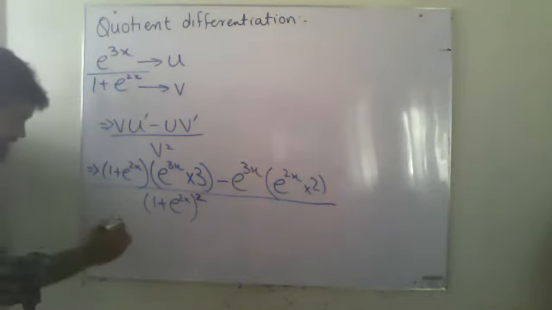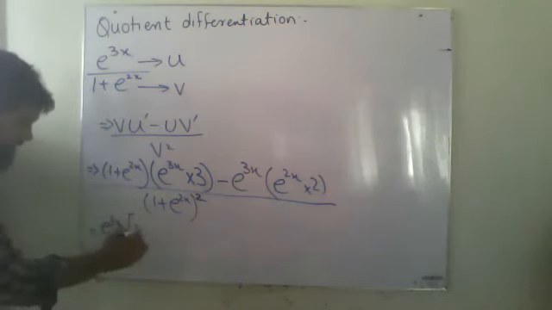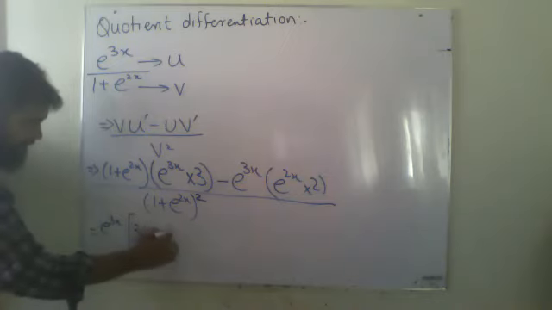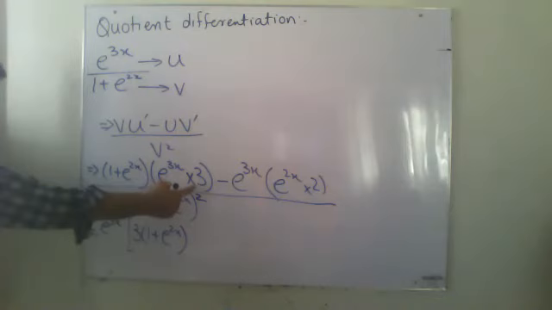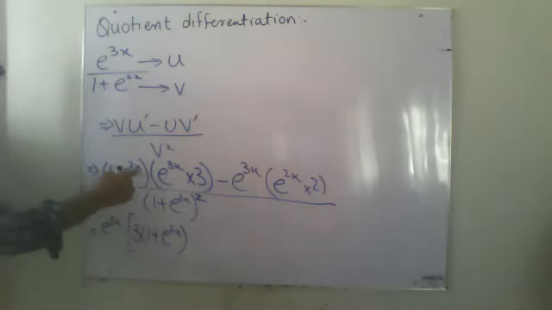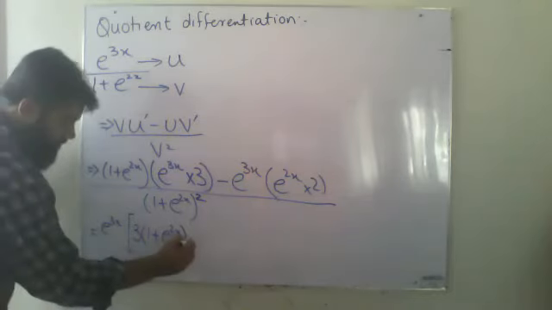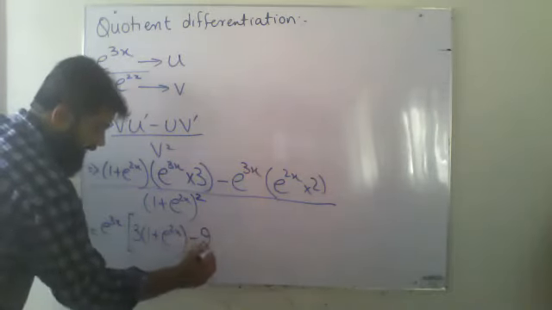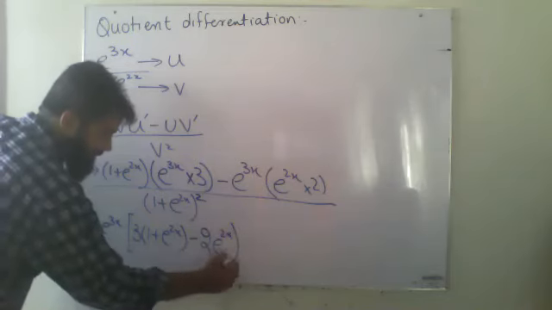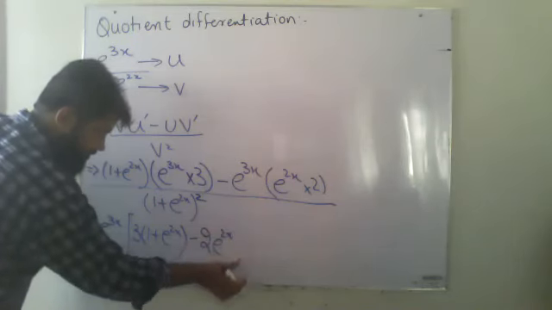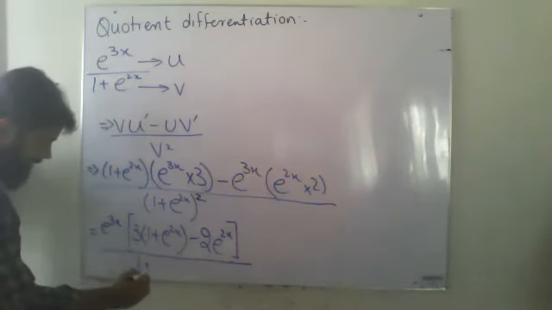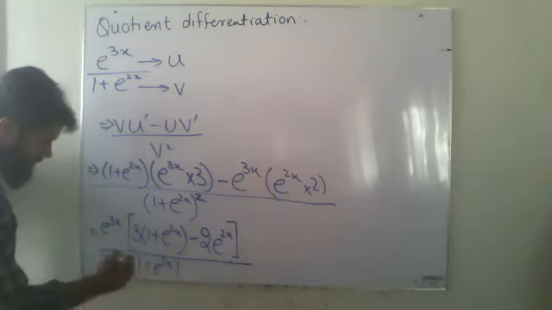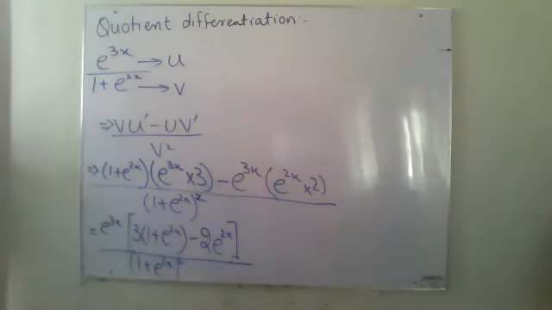So what will remain over here? 3 multiplied by (1 plus e^(2x)). 3 from here, 1 plus e^(2x) from here, and this is written outside. Minus 2 times e^(2x) upon (1 plus e^(2x)) whole square.